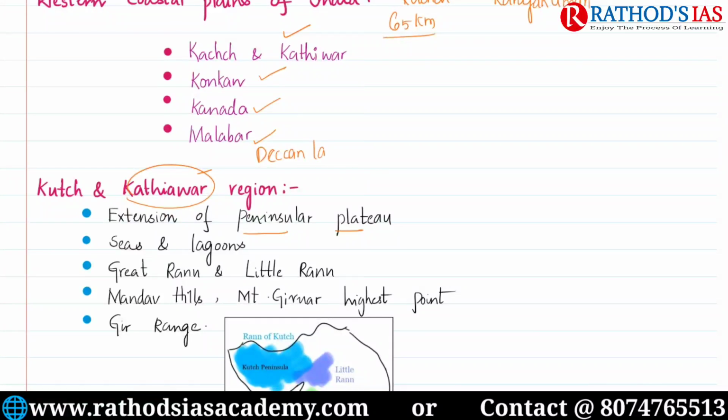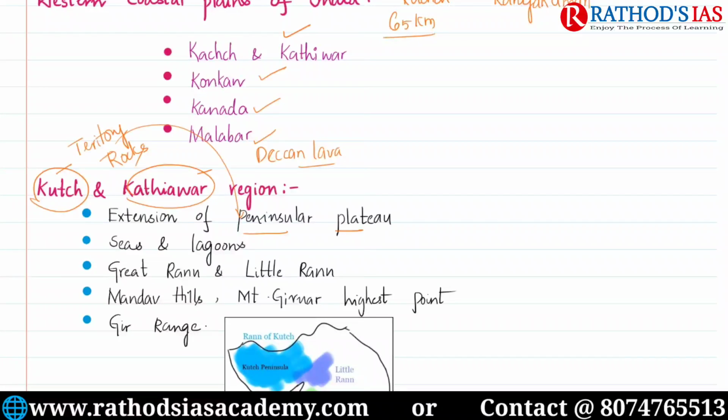And even Kutch is said to be an extension of the peninsular plateau because it contains the tertiary rock system. This tertiary rock system belongs to the peninsular plateau. Because of this, the Kutch and Kathiawar region is called an extension of our peninsular plateau.